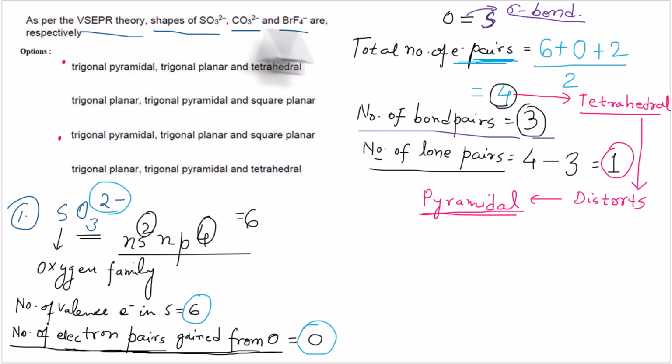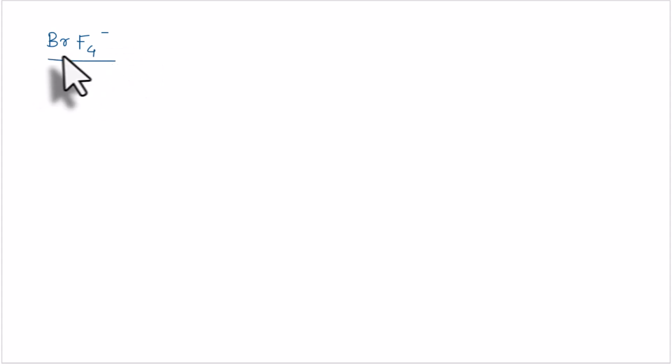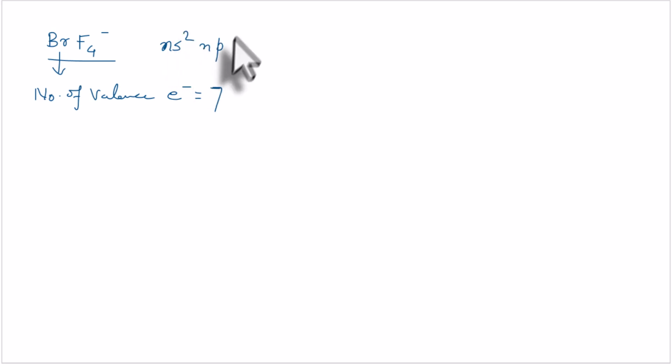Now let's go to the BrF4 minus structure. For BrF4 minus, bromine is the central atom, and the number of valence electrons for bromine we very well know is 7. We have the valence electronic configuration for the halogens as ns2, np5, so 5 plus 2 is equal to 7 valence electrons.